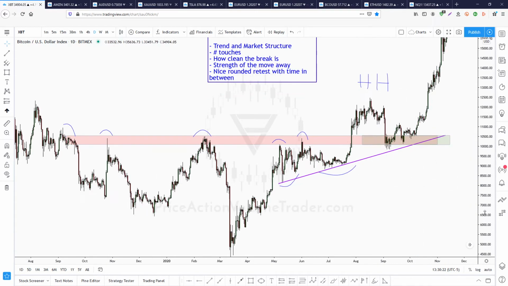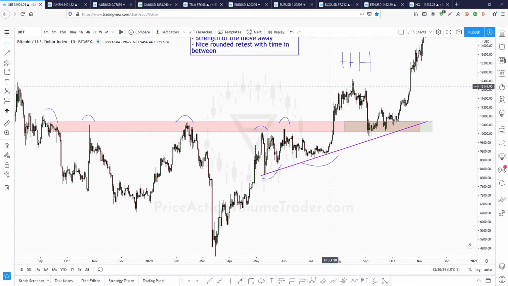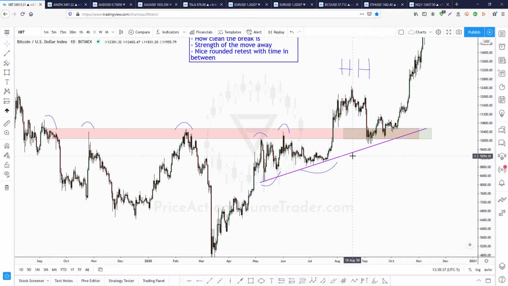And now, as we can see, price comes back, fills this gap back into this previous area of resistance, and we hold, and then price just starts pushing higher.